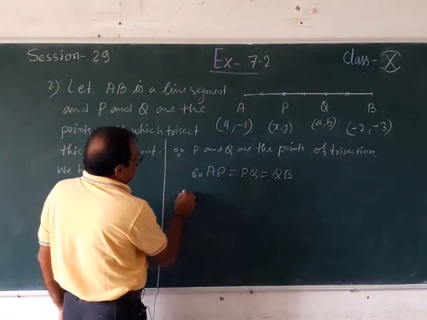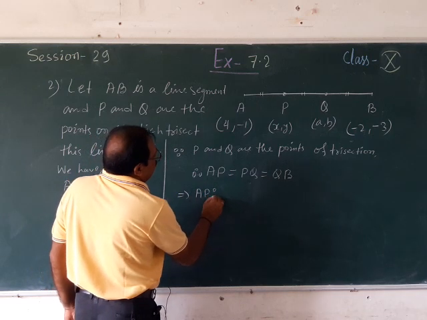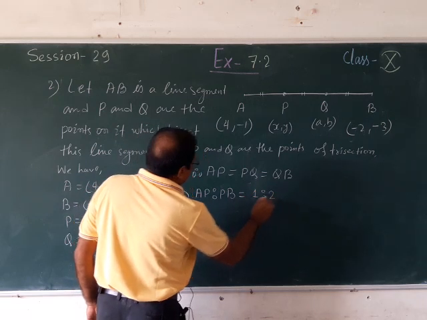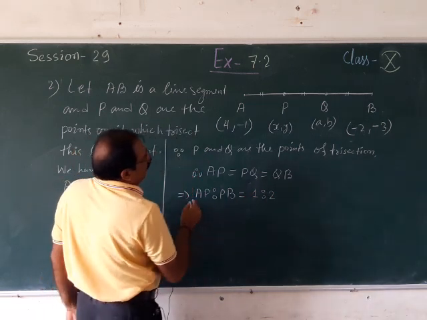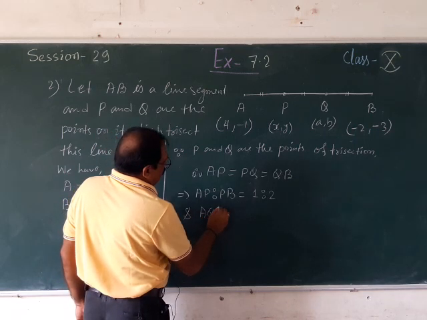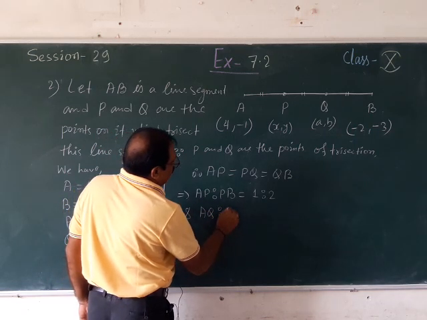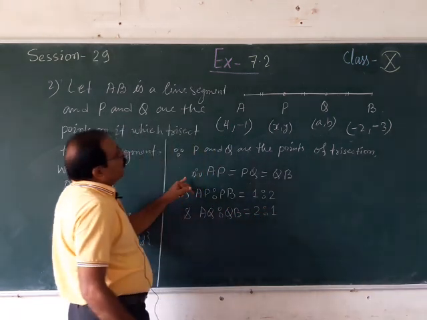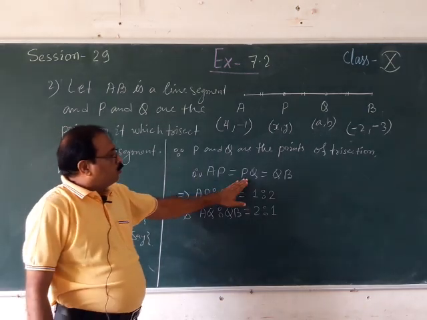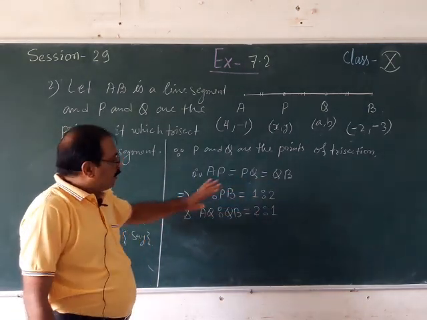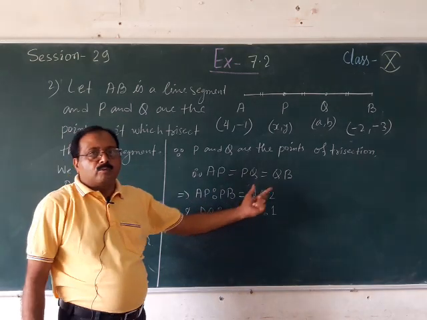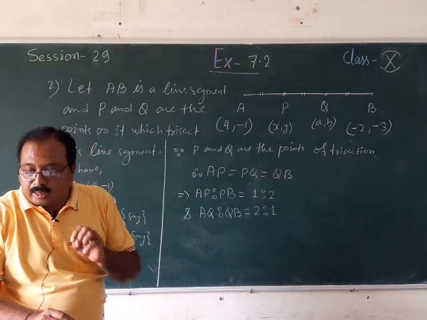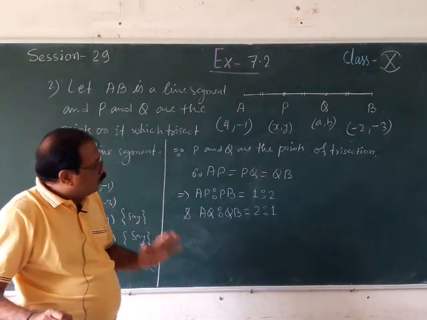That means it is clear that AP is to PB will be 1:2 and AQ is to QB will be 2:1. This should be understood by you all very nicely.